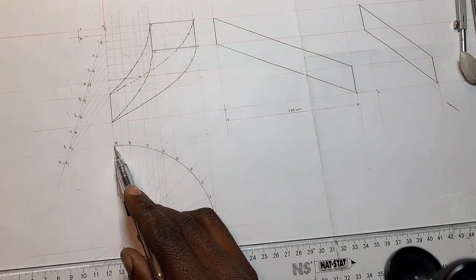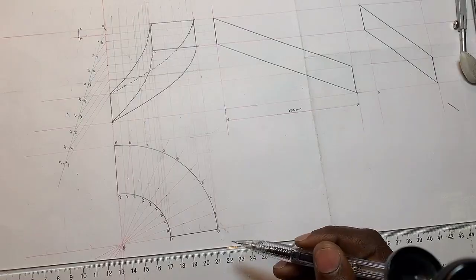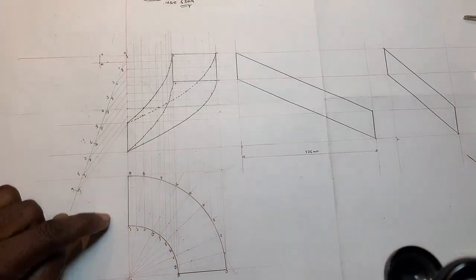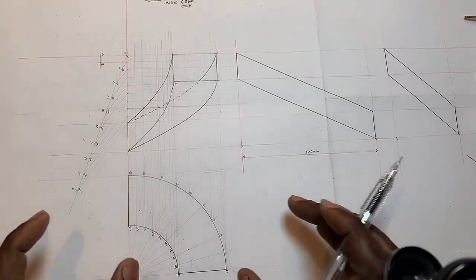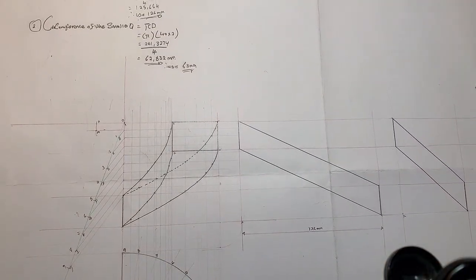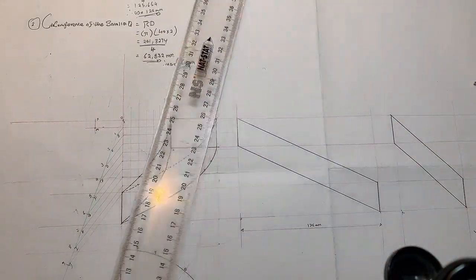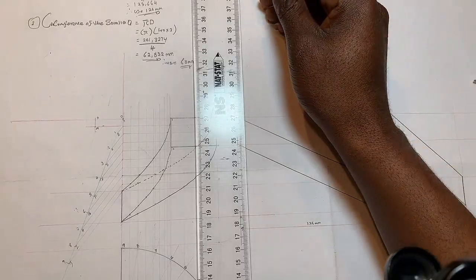And then 9 to 8 is the same as 0 to 1, you understand? So I can start my development right the way the top view is positioned. Which means I can simply do this.